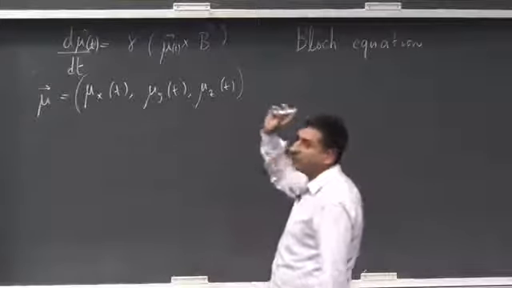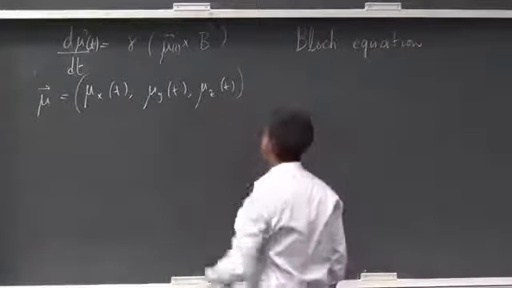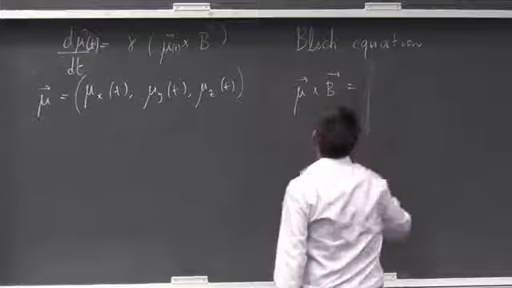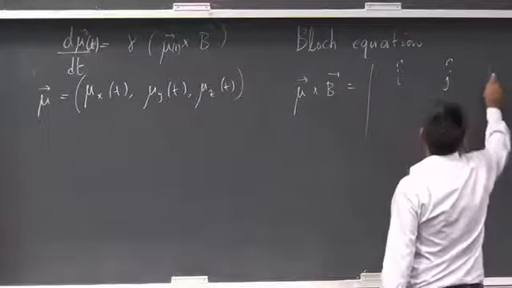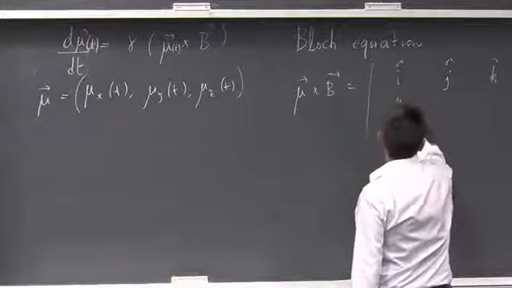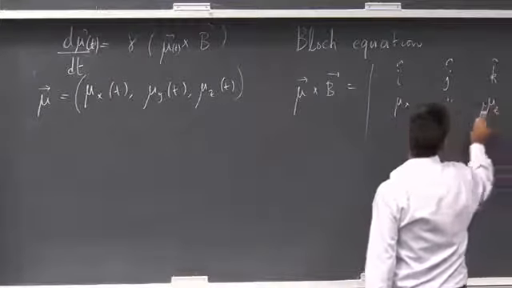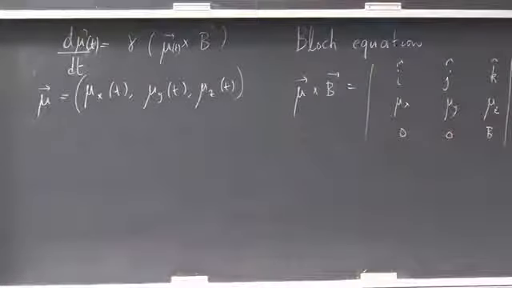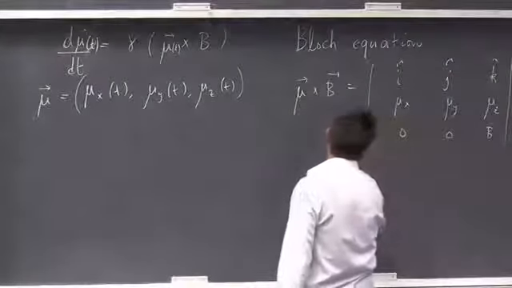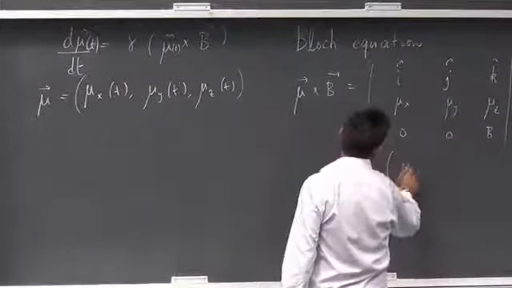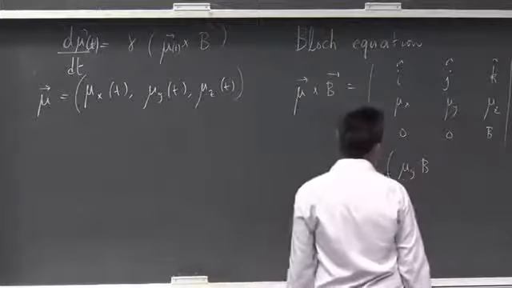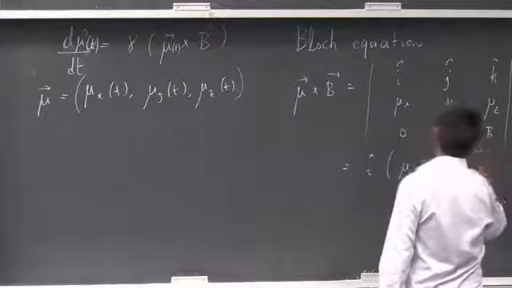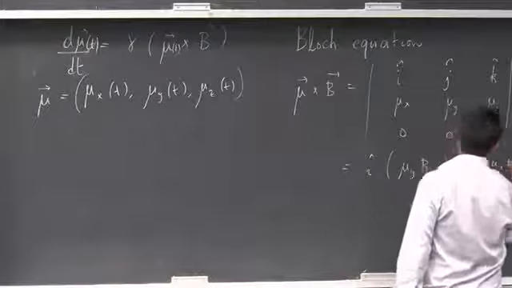Now the field is pointing in the z direction. So let's find mu cross b. Let's do a simple calculation for mu cross b. It is the determinant with unit vectors i, j, k, then mu x, mu y, mu z, then 0, 0, b, because the field only has a z component. So this is i mu y b, minus j mu x b, and no k component.